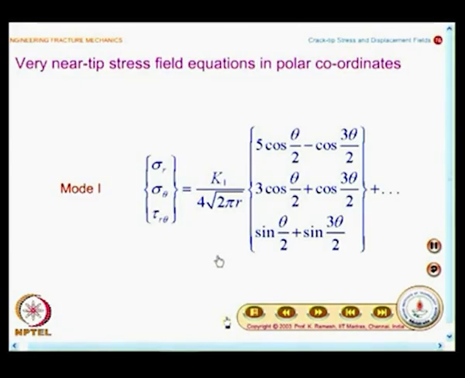See, we had made some observations after we looked at Westergaard's singular solution. We have looked at the stress field. We have also looked at how sigma x and sigma y vary. And what is it that we noted at the crack tip? We noted at the crack tip sigma x is equal to sigma y, and you do not have a shear stress at the crack tip, it is 0.